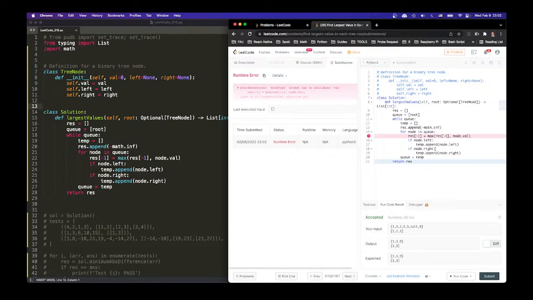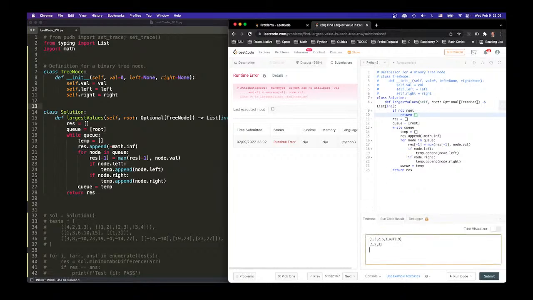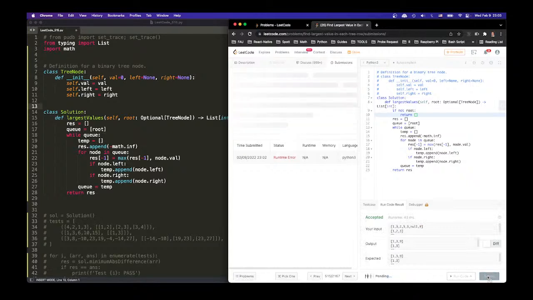Can we do something about it? Yep, just say if not root, return this. Yeah, could have finished this without triggering this issue. My bad.